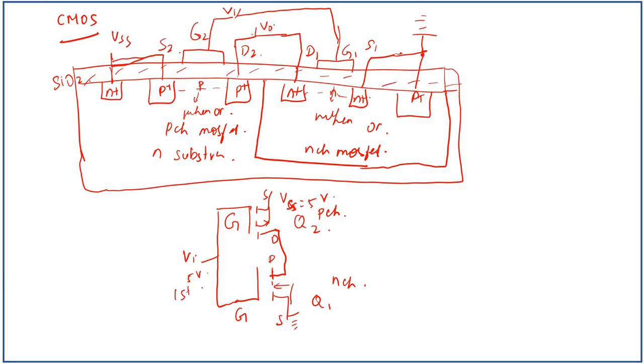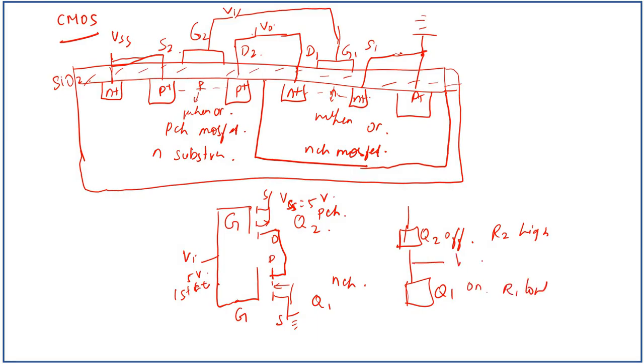So this is one state. When Q2 is off, its resistance R2 is high, and when Q1 is on, R1 is low. We take the output V0, which is equal to R1 into VSS by R1 plus R2, which is equal to 0 volt, and here it is grounded.